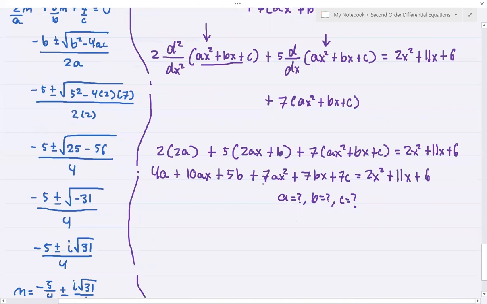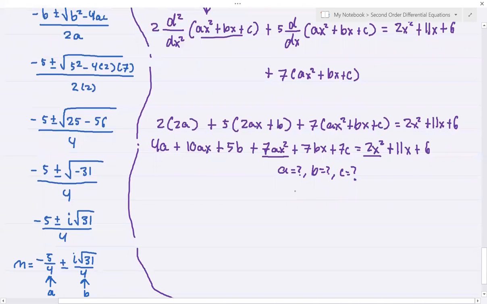Let's start first with the one that has the highest exponent. So we have 7ax squared. Does this term have a similar term on the right side? The answer is yes. We have 2x squared. So we will write 7a x squared is equal to 2x squared.